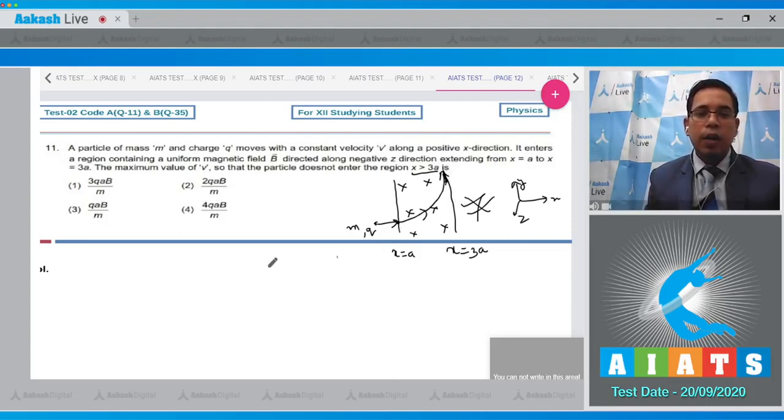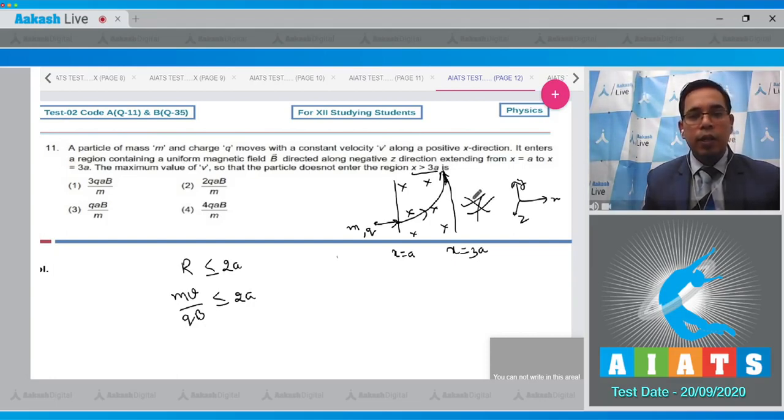Here by the condition we can see that the radius of this path should be less than or equal to 2a. Now here radius is given as mv by qB and it should be less than or equal to 2a so that it does not enter the region x greater than 3a. Now here we can see that v should be less than or equal to qB into 2a divided by m.